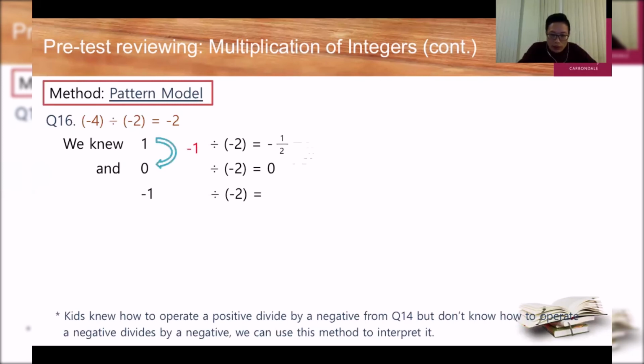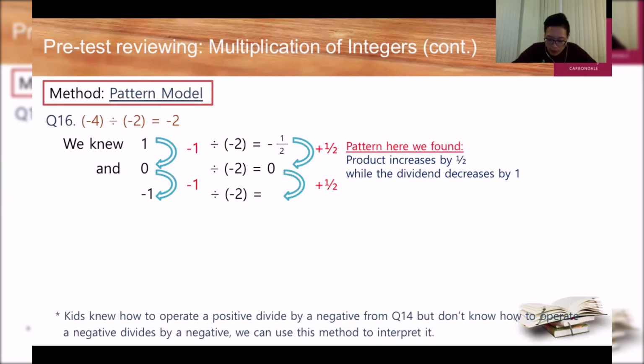When the dividend decreases by 1, the product will decrease by 1/2. So for the third equation, when the dividend decreases by 1 from 0 to -1, the product will increase by 1/2.